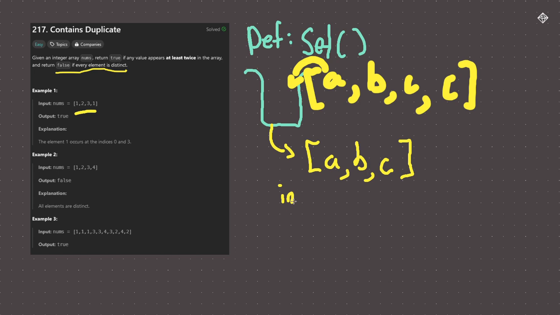If it's not, then just add it. After we've gone through all the indexes of the nums array, if I didn't return true, then just return false.